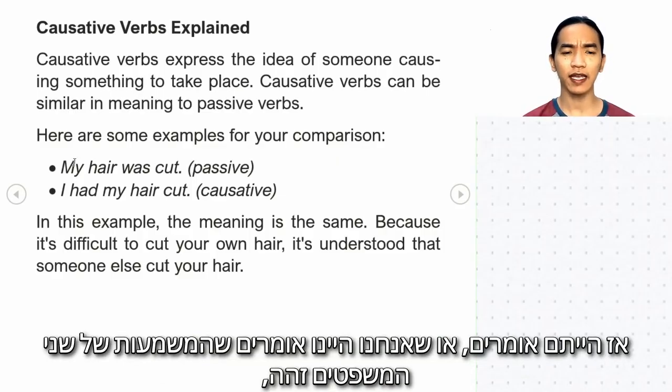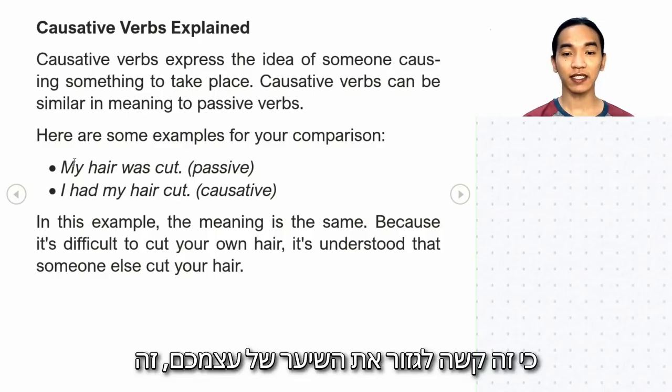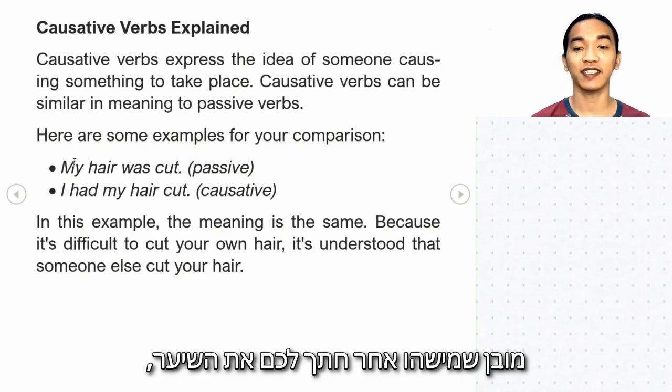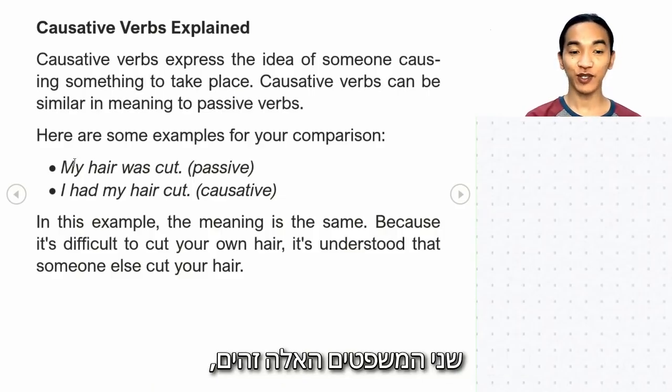So we would say that the meaning of the two sentences is the same, implying that somebody else did the haircut. Because it's difficult to cut your own hair, it's understood that someone else cut your hair, all right? So therefore, in that particular idea, these two sentences are just the same.